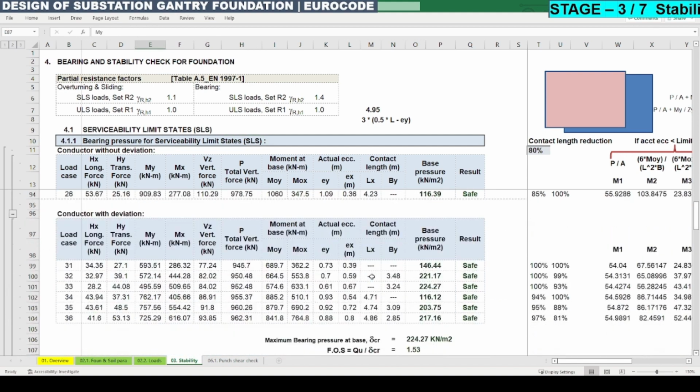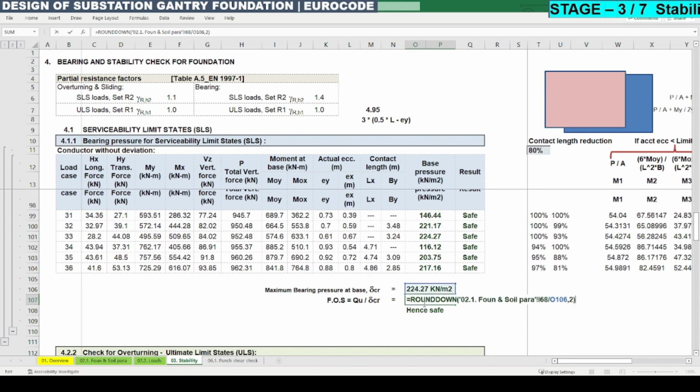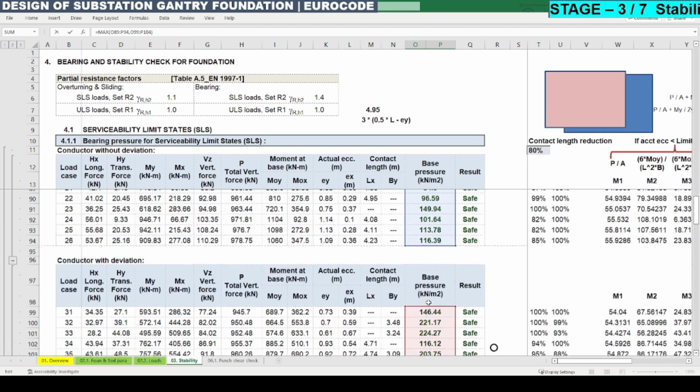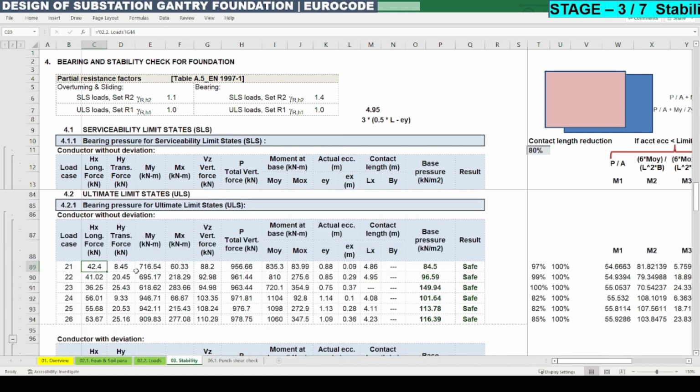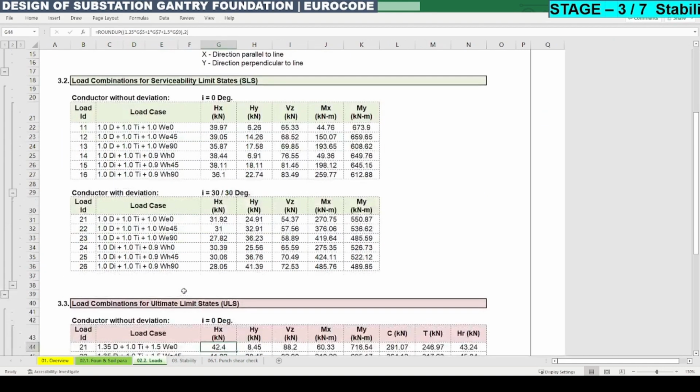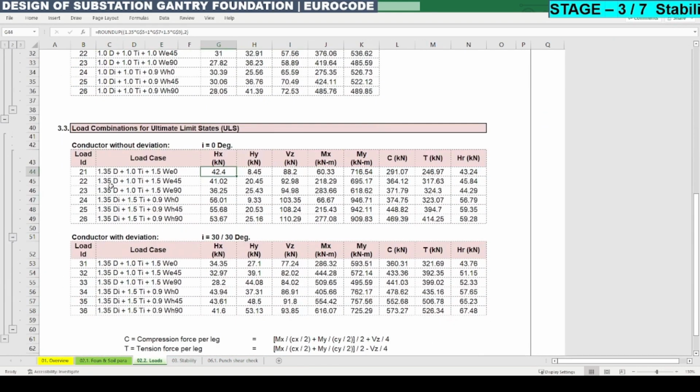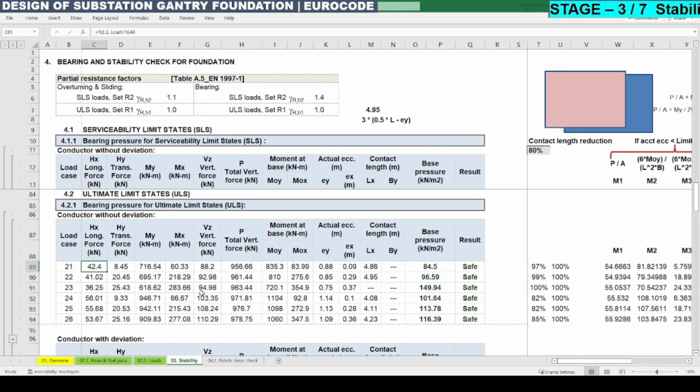Here the stress value or bearing pressure value is 224, which is the maximum of all these, and the factor of safety is coming 1.53, which is greater than 1.4, hence safe. Here you can see these are the ULS load cases we had arrived at during stage 2. So these load cases we need to consider here.